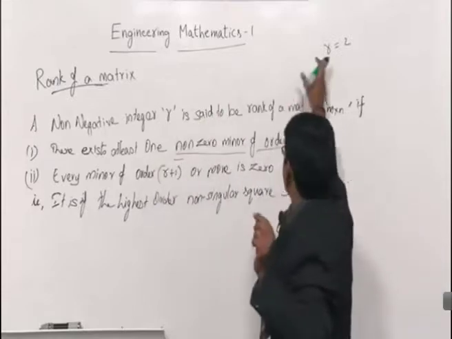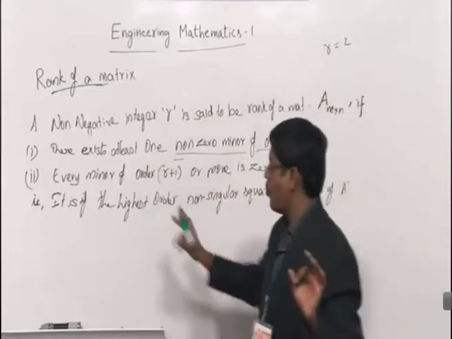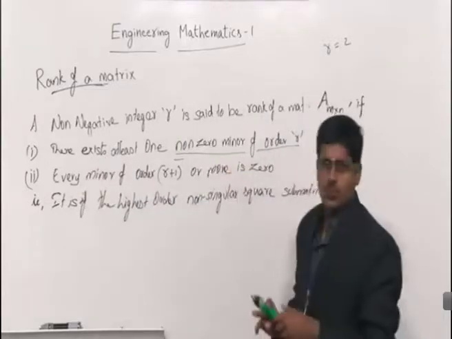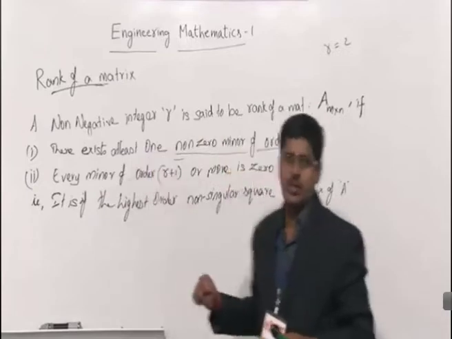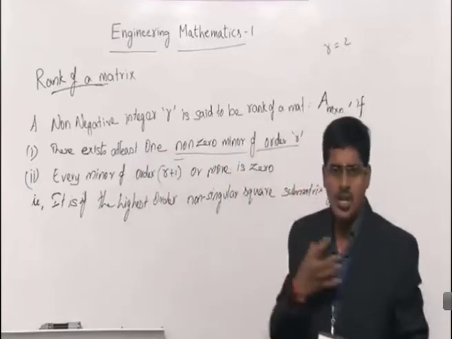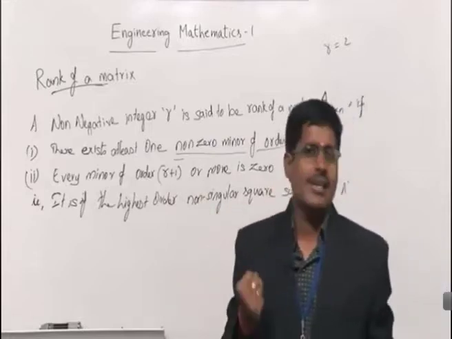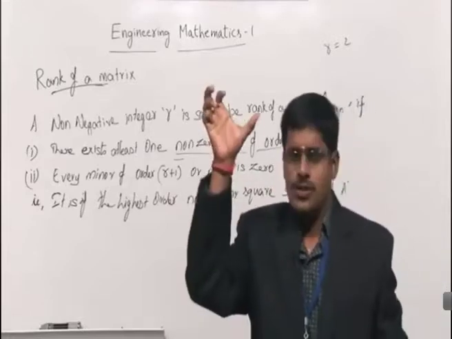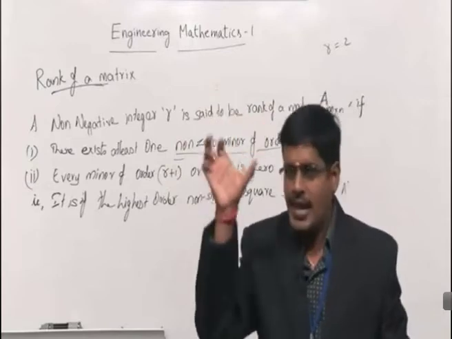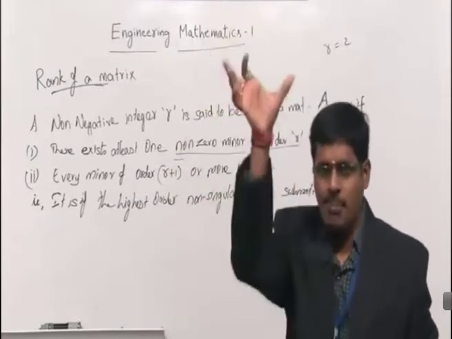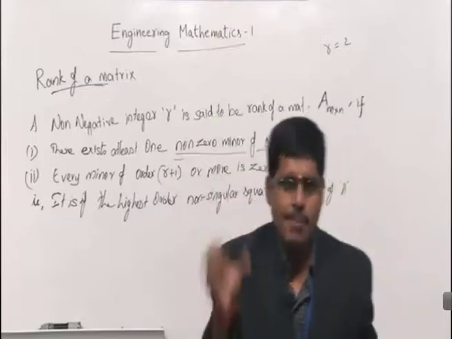Now, according to this rank of the given matrix, what is the first condition we have to show? There exists at least one non-zero minor of order 2. Order 2 means in the given matrix there may be many 2 by 2 matrices, but you have to find a 2 by 2 matrix whose minor, meaning determinant of a submatrix, is not equal to 0.